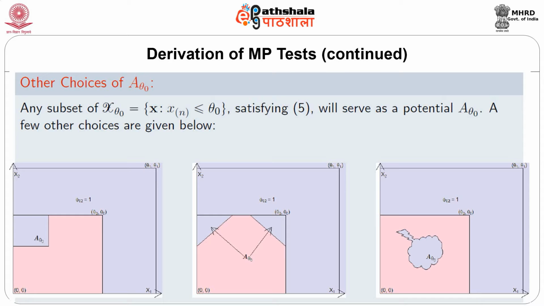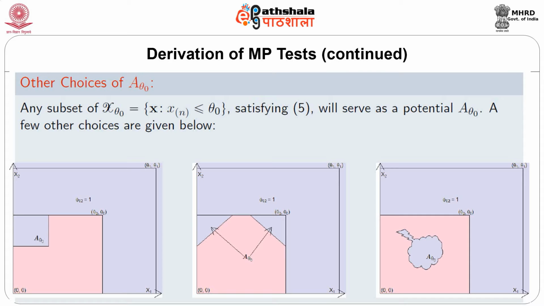So, for other choices of A theta naught, you can select any subset of script x theta naught. Say you can select like this. So, this is your A theta naught. So, this is possible.